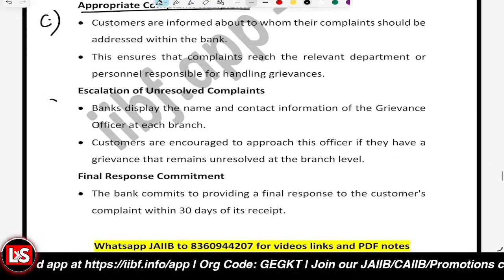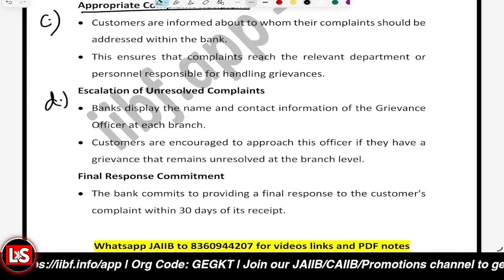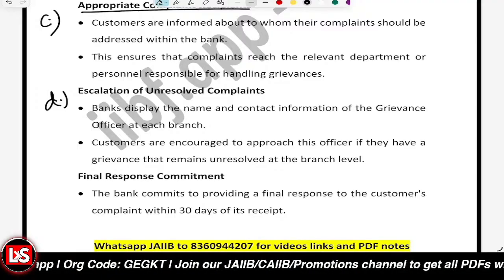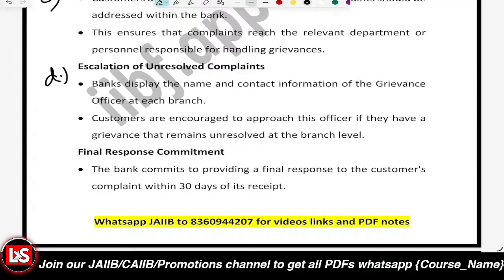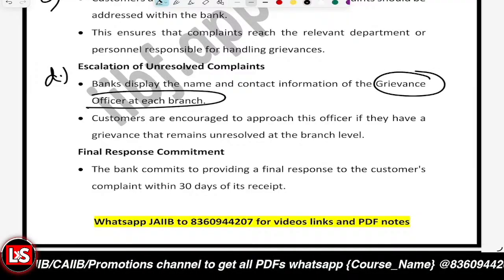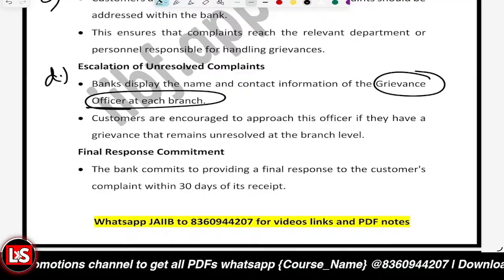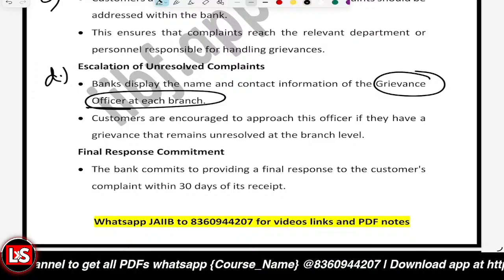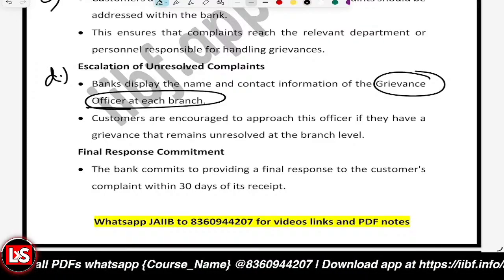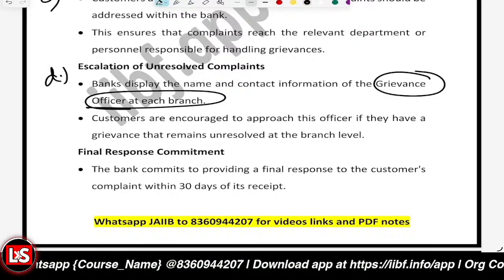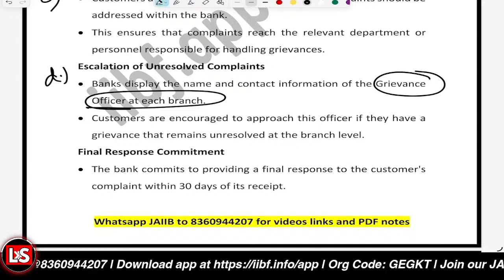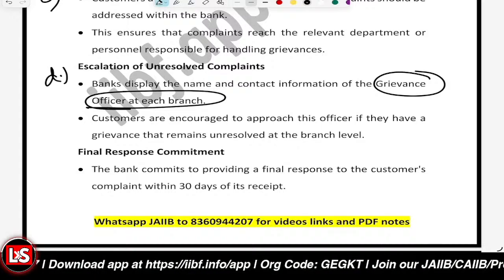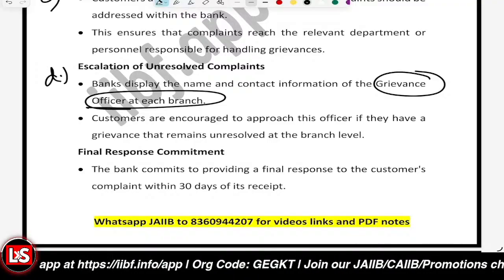And further, the fourth one is related to escalation of the unresolved complaints. The bank is to display the name of the grievance officer at each branch, along with their contact details, right? That should be showcased in the branch itself for customer awareness. If the complaint remains unresolved at the branch level, customers can approach the higher authorities and even the banking ombudsman.